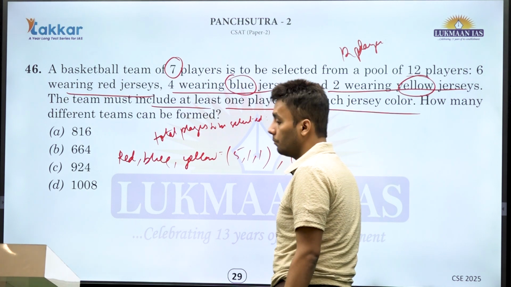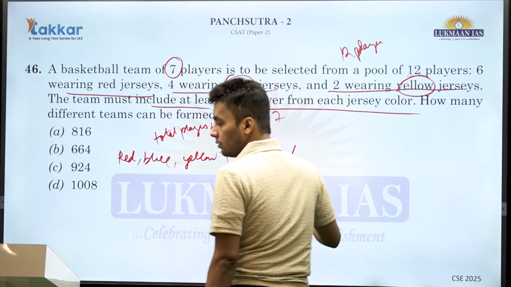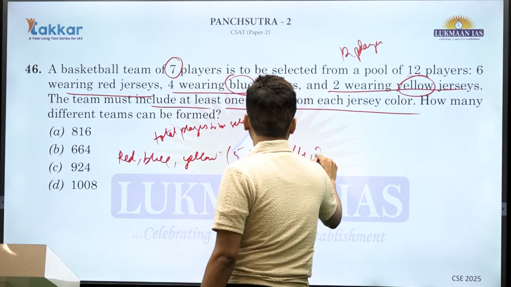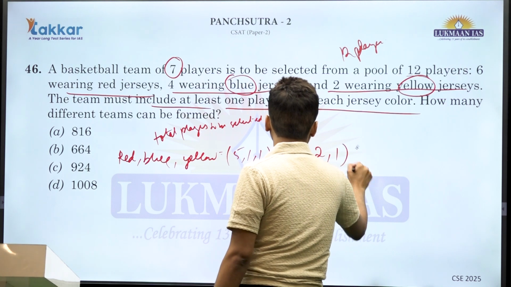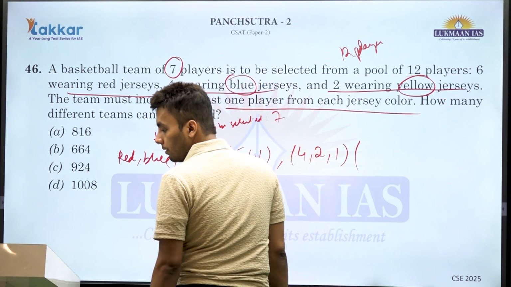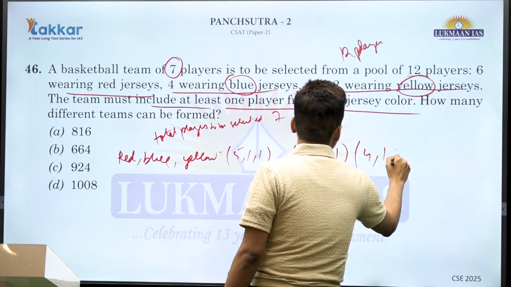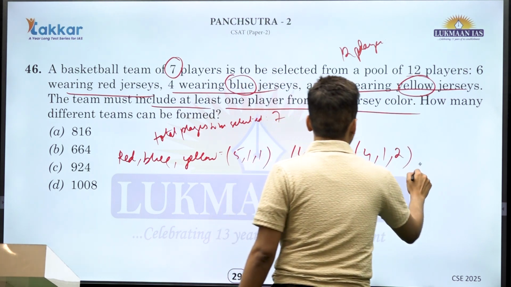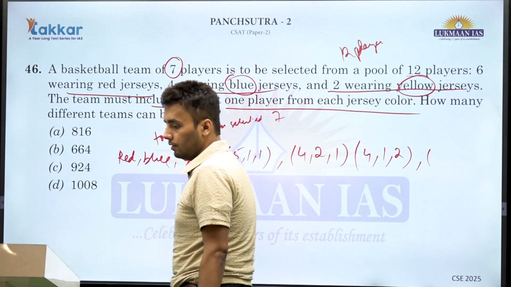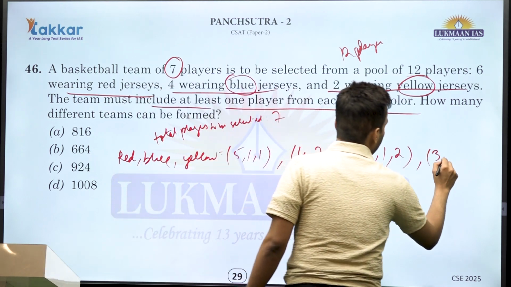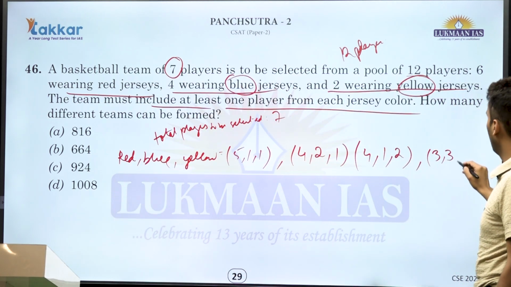Another combination can be 4 red, 2 blue, 1 yellow. Other will be 4 red, 1 blue, 2 yellow. Another will be 3 red, 3 blue, and 1 yellow.